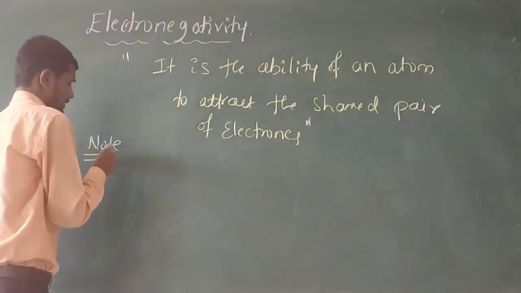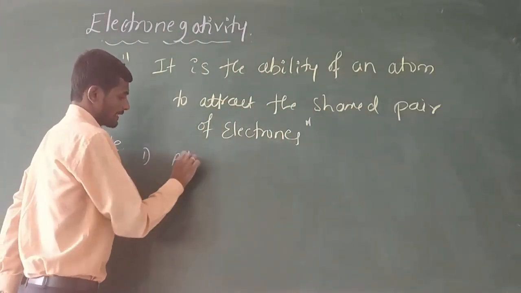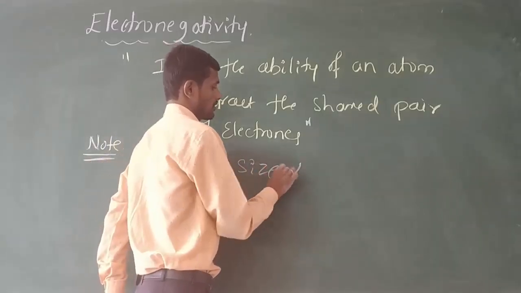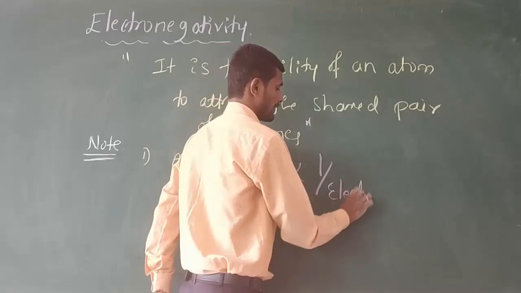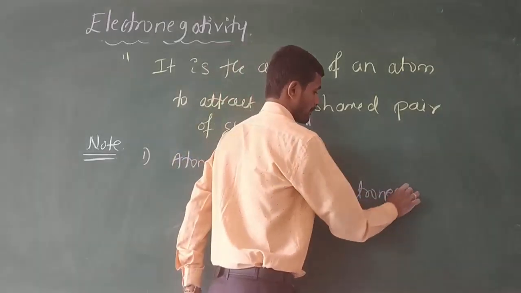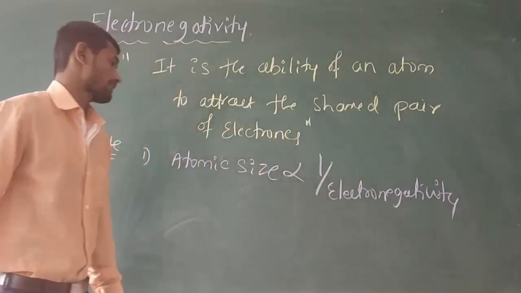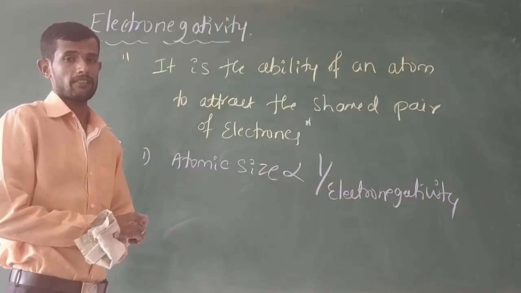What is that? See, first point, atomic size. Atomic size is inversely proportional to electronegativity.